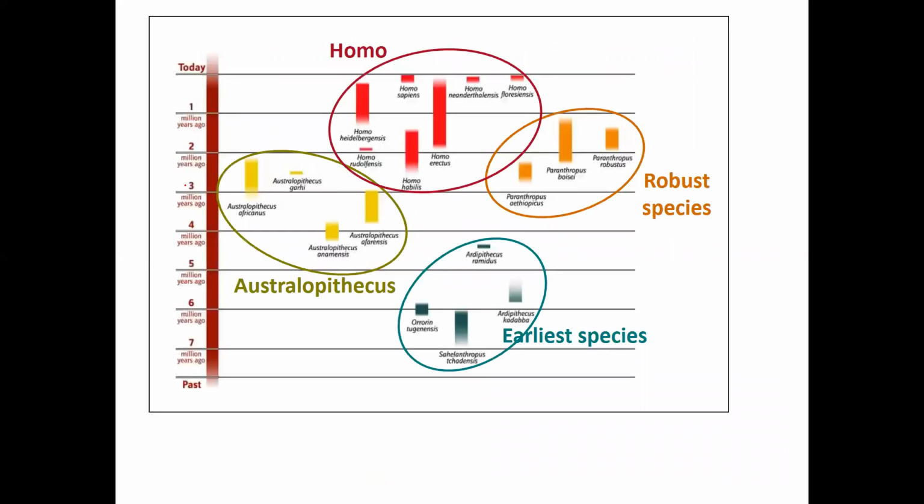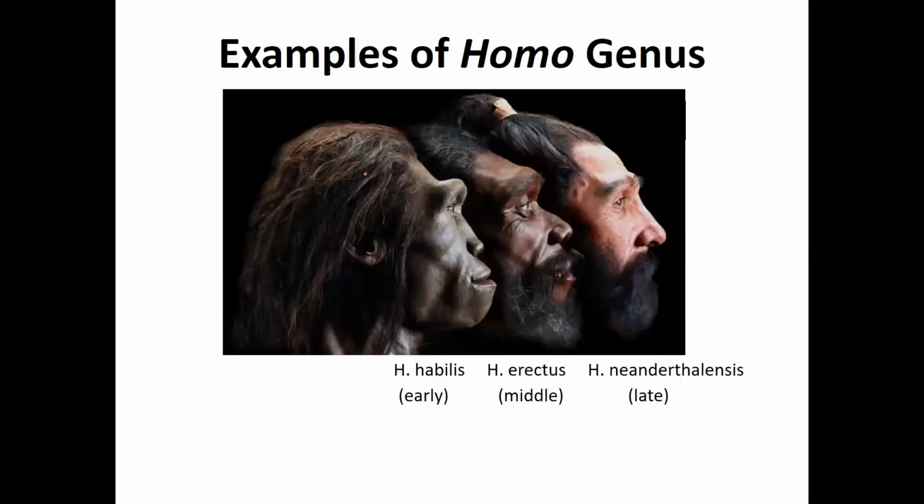So moving into the modern day human lineage, the genus Homo. From Australopithecus came the ancestor of more modern humans, Homos. Examples of the Homo genus include Homo habilis, that's early Homos, Homo erectus, the middle, and Homo neanderthalensis, which is late.